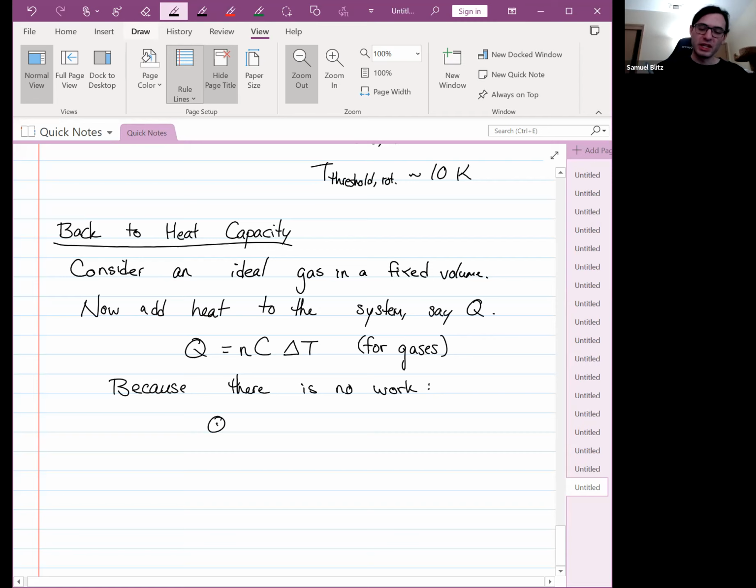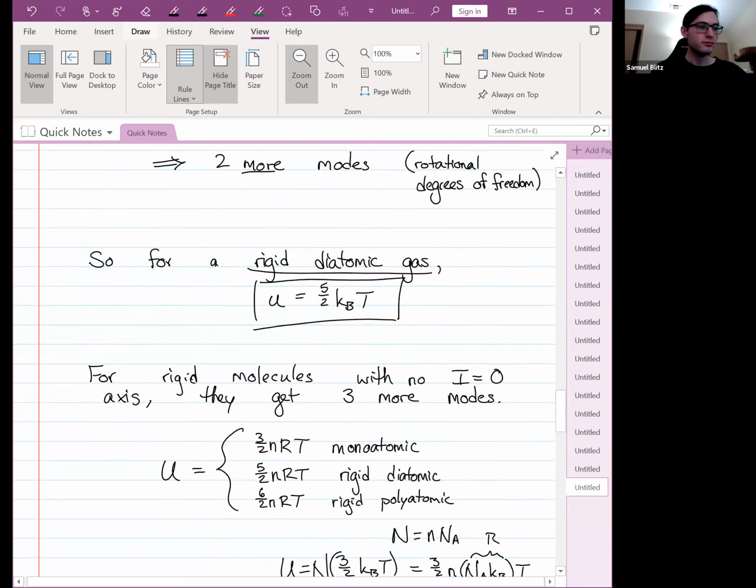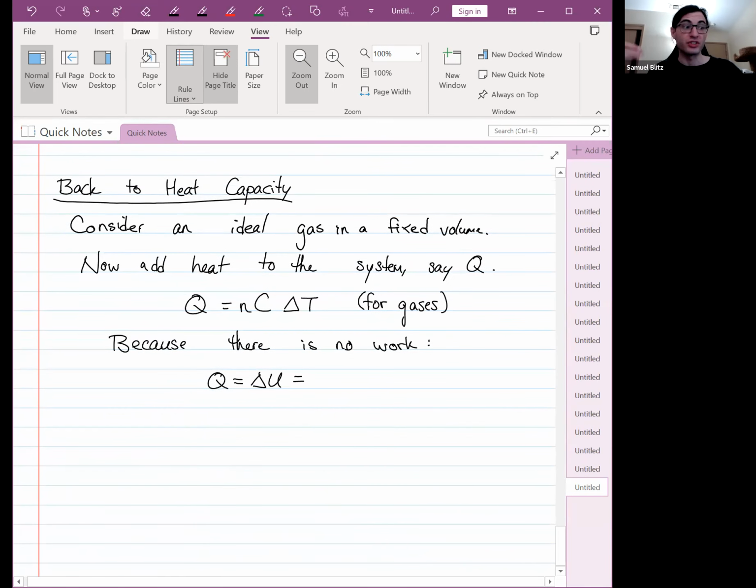So that means that the heat is equal to the change in internal energy. But we already know how the change in internal energy relates to change in temperature, right? We saw that for a monoatomic gas, the internal energy was just 3/2 nRT. So the change in the internal energy would be 3/2 nR times the change in temperature. So this would be 3/2 nR delta T for monoatomic gases.